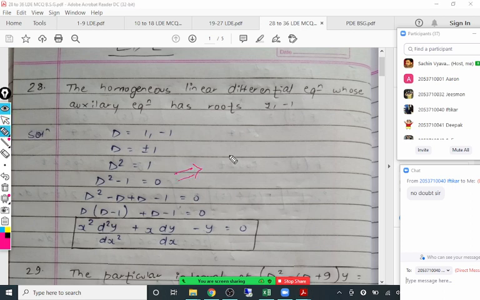That's the only one: d2y by dx square minus y is equal to 0. So this is the differential equation whose auxiliary equation has the roots 1 and -1. So that should be the correct answer.